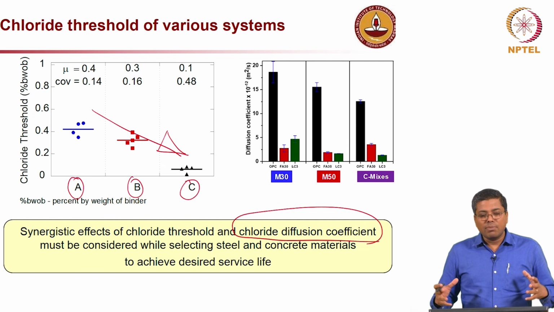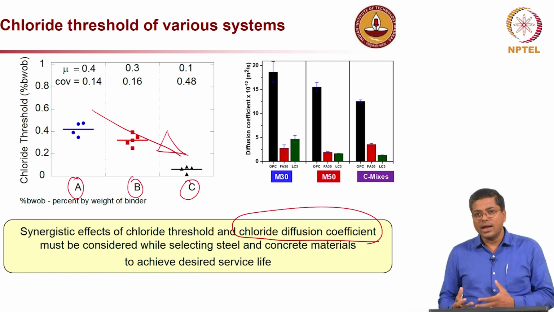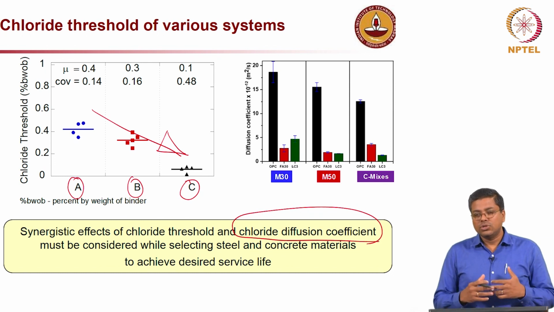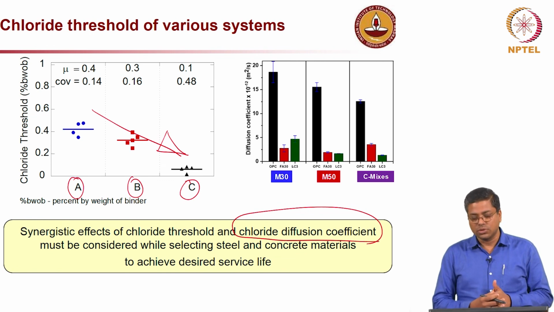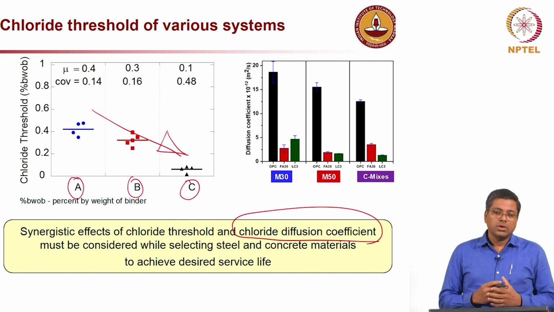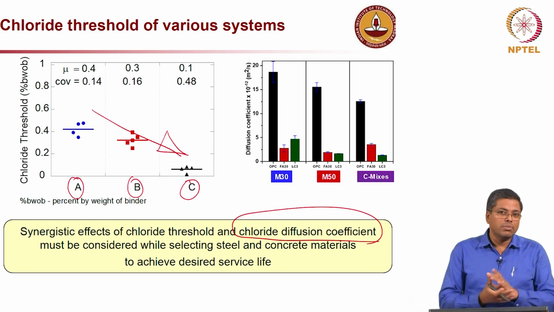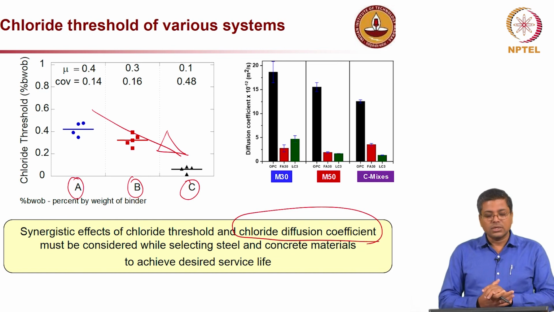The combined, or synergistic, effect of chloride threshold and diffusion coefficient are both required to assess which steel concrete material system can be used. For example, think about our balanced approach which we talked about in the early lectures.